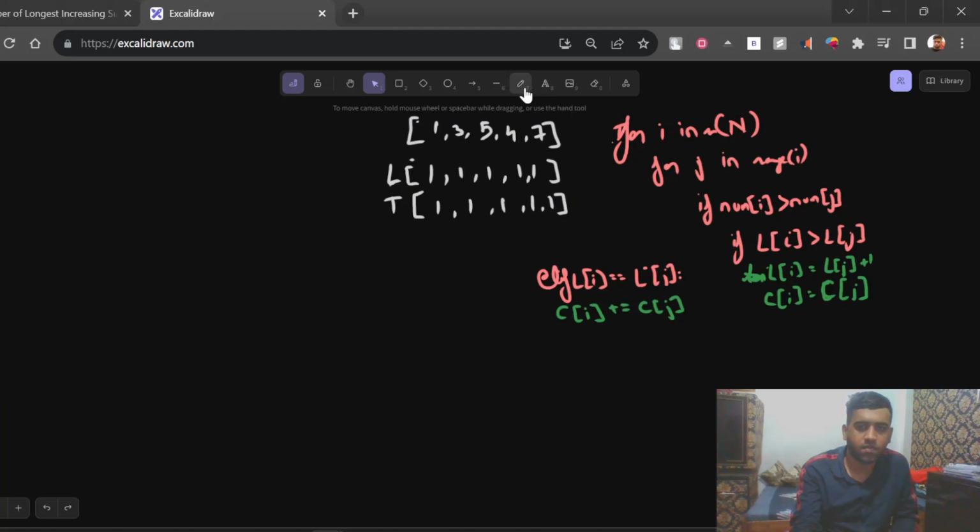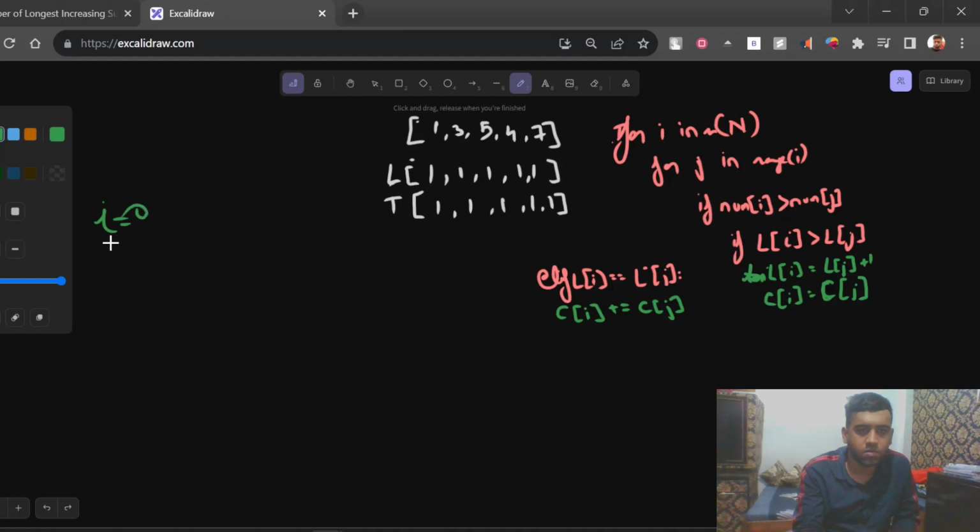Suppose for i equals 1, when j equals 0, we'll iterate and check if num of i is greater than num of j. Obviously it is.